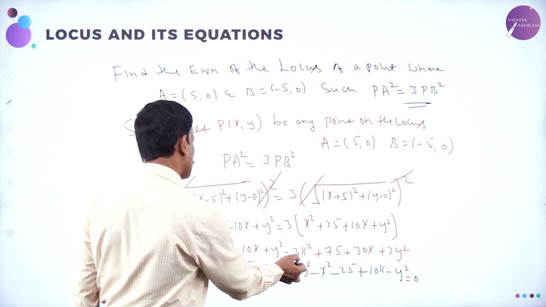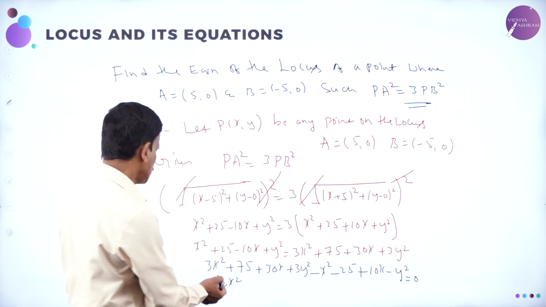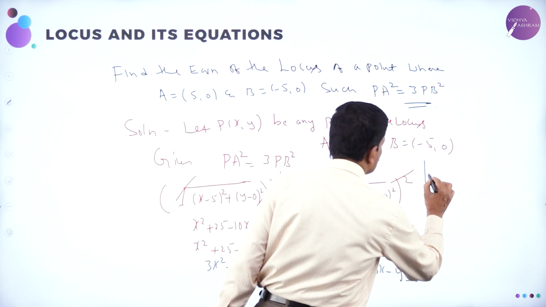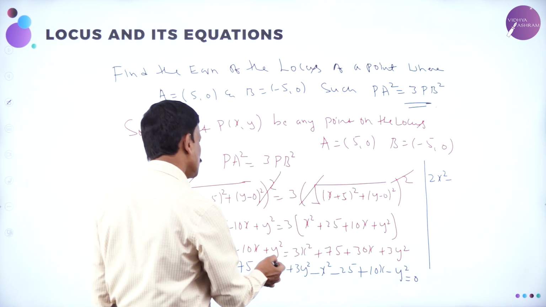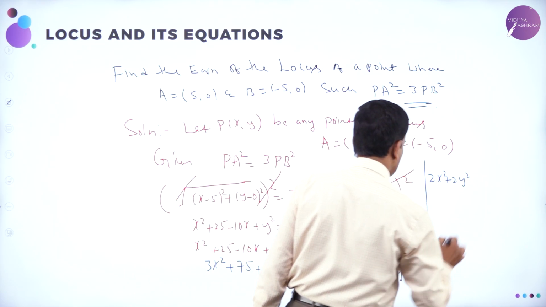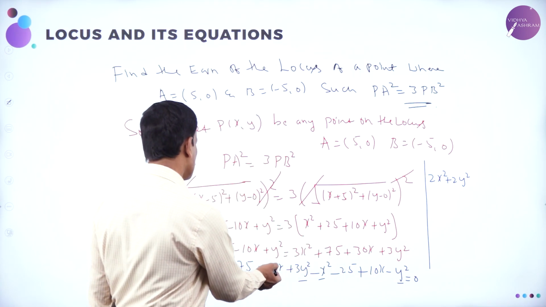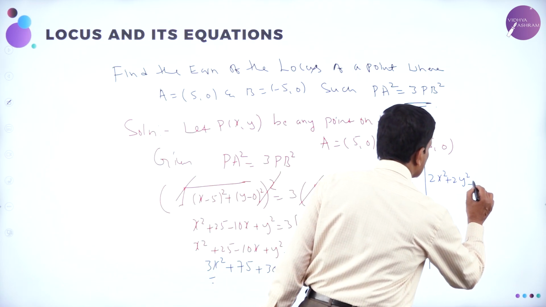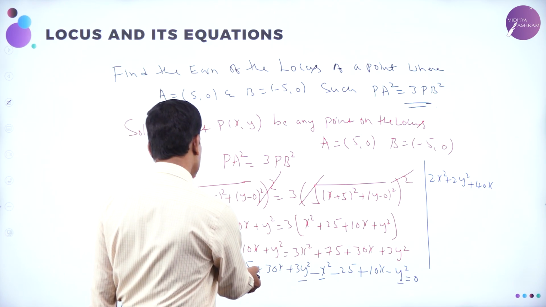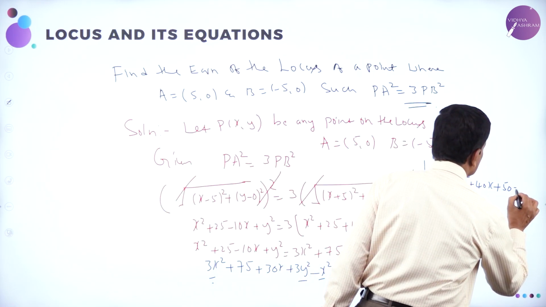Now 3x² − x² is 2x². Again for y terms, 3y² − y² is 2y². For the x terms, 30x + 10x is 40x, and there are no other y terms. Constants: 75 − 25 is plus 50, equal to 0.